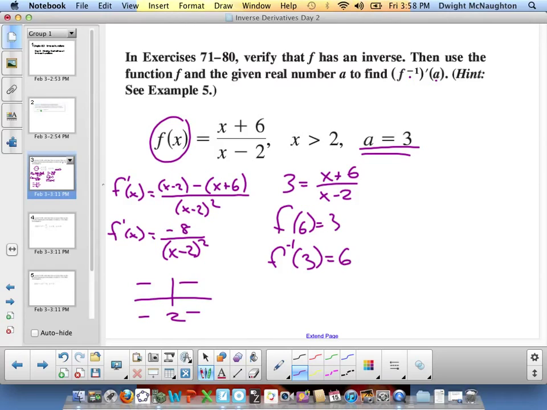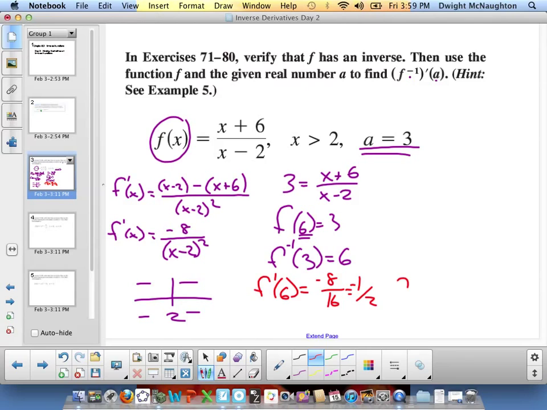So what I can do is plug 6 into the derivative of the original function. I get f prime of 6 equals negative 8 over (6 minus 2) squared, which is 4 squared, 16. Negative 1/2.